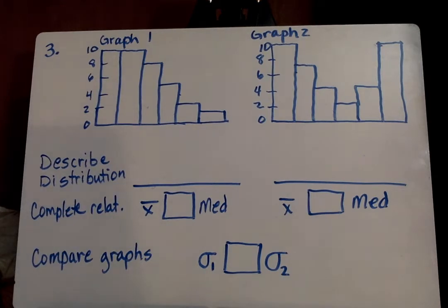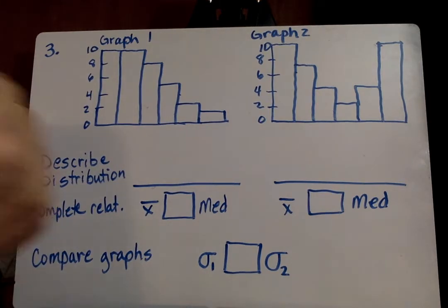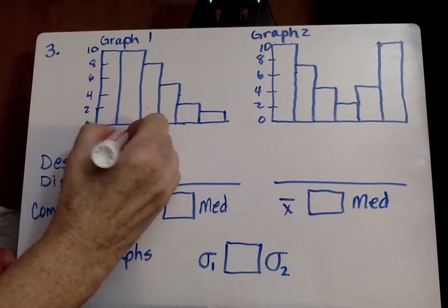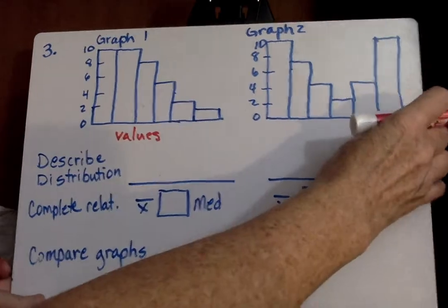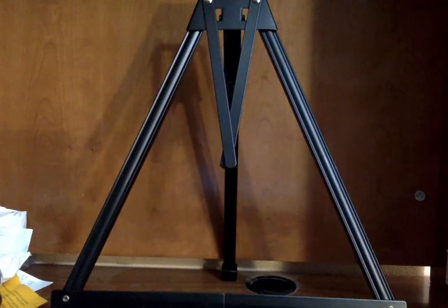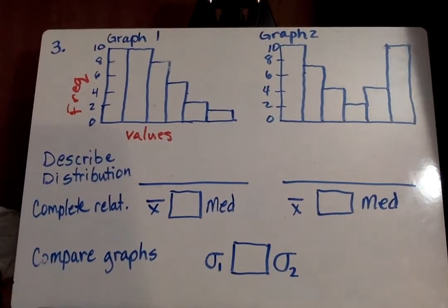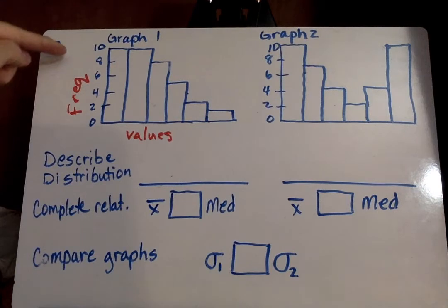So what you need to do on your histogram is you put values down here, and then over on the side, you're going to put the frequency of those values. I'm going to abbreviate that frequency like that. So frequency and values.